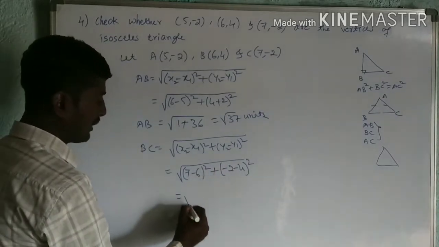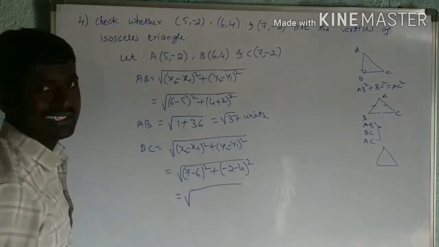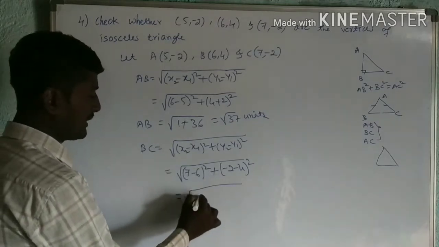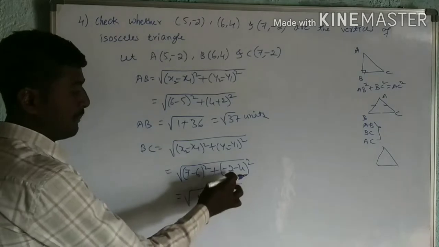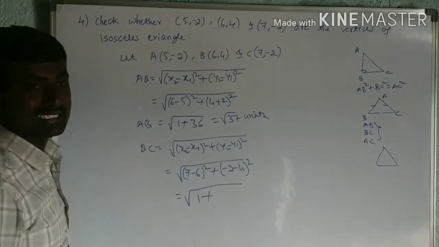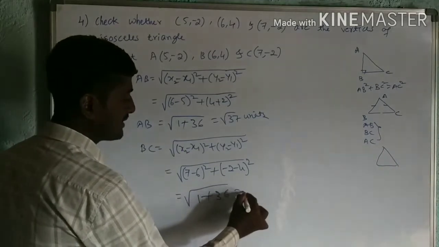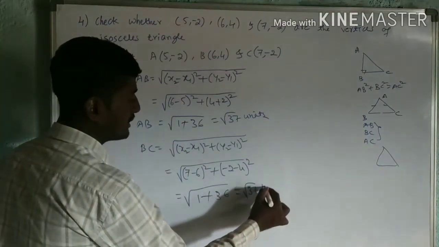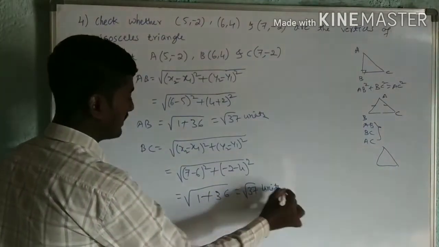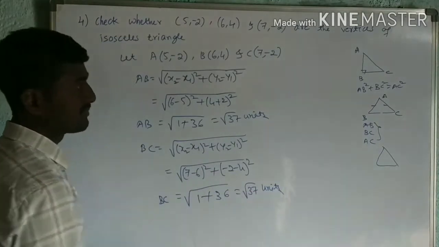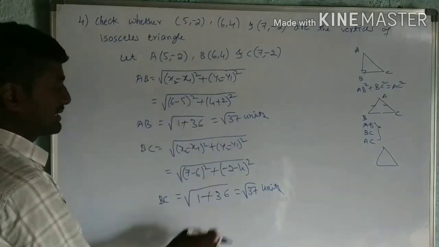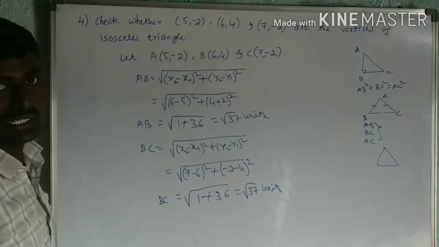Now this is equal to under root of 7 minus 6, that is 1, 1 square is 1, plus (-2 minus 4) is minus 6, minus 6 square will be 36. I am getting root 37 units. This is BC. Now AB I am getting as root 37, BC I am getting as root 37.